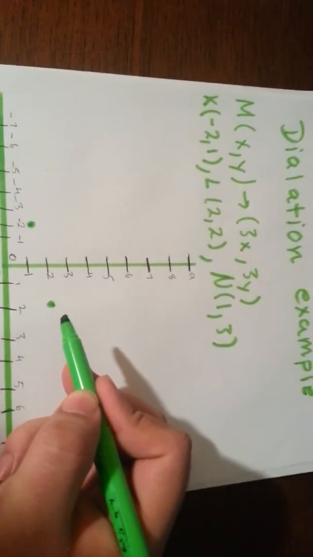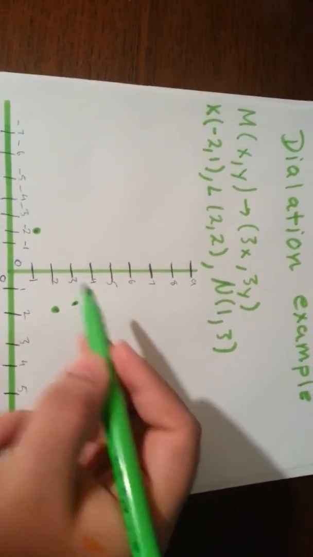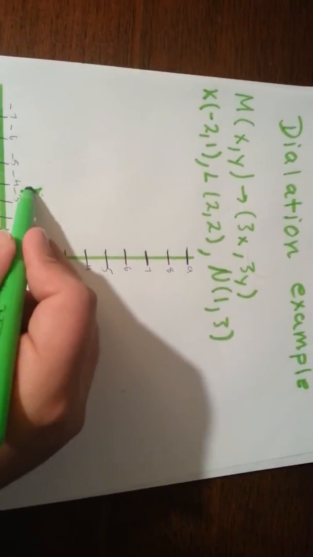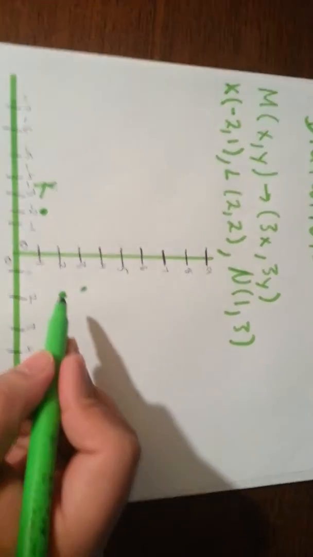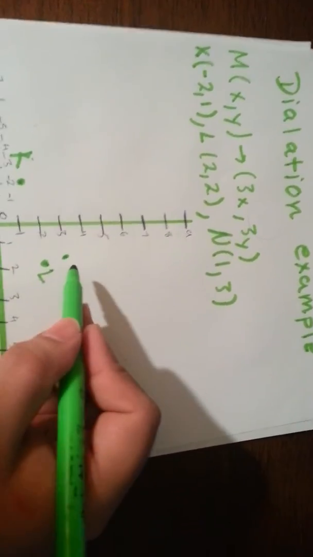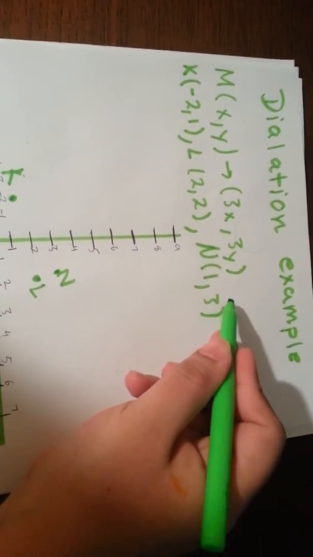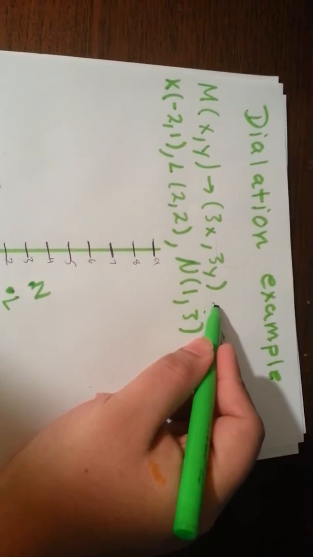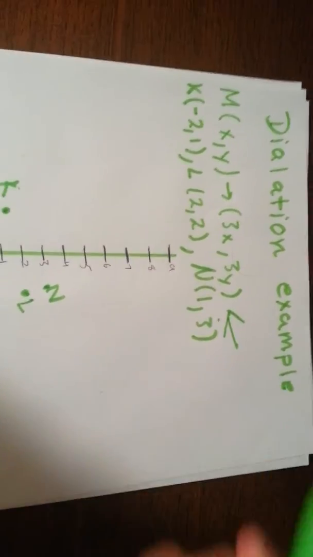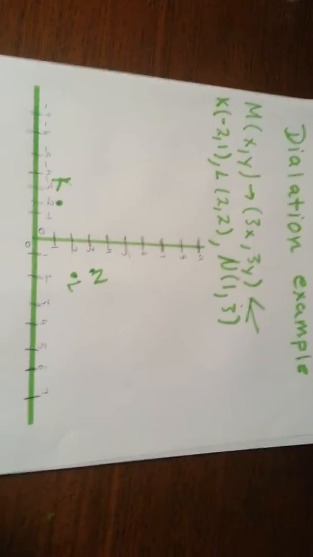And M is 1, 3, right here. So when I have plugged these in and I've made a triangle, I will then have to plug them in with this right here.